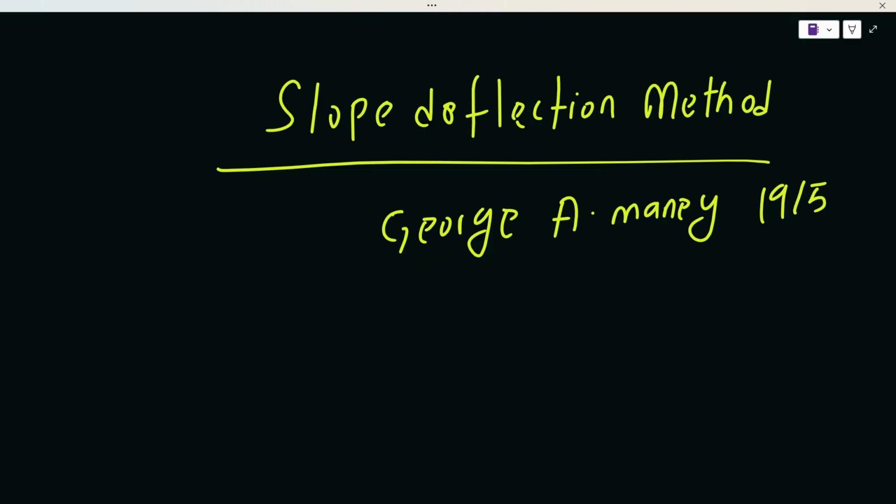Of course, you will see some applications of the Maxwell-Betti theorem, so we can also give more credit there. One of the benefits of learning this: to solve indeterminate structures, we can solve them using the force methods.